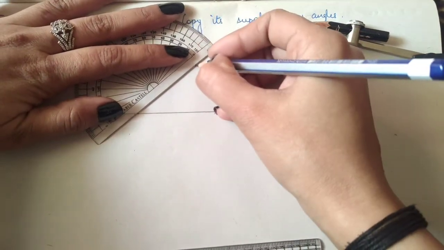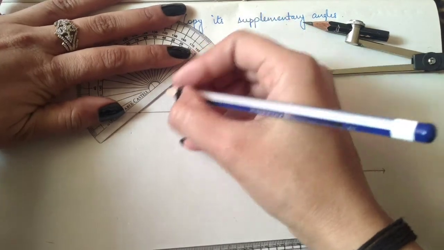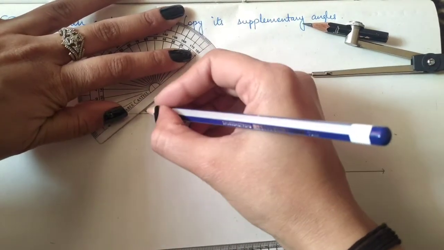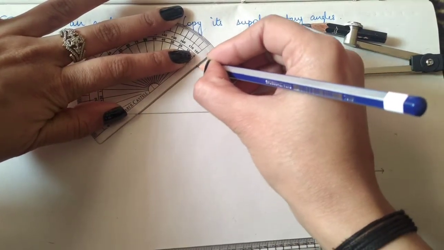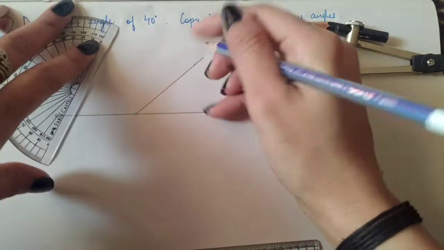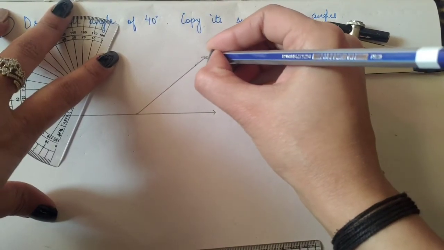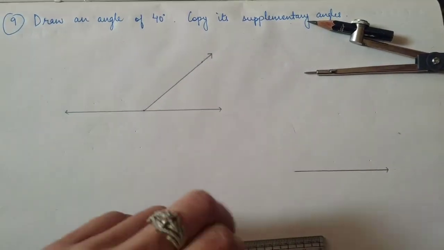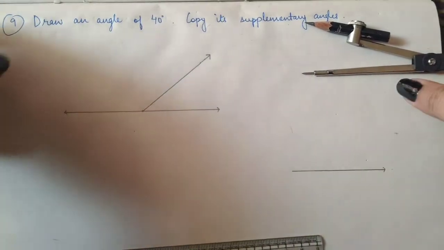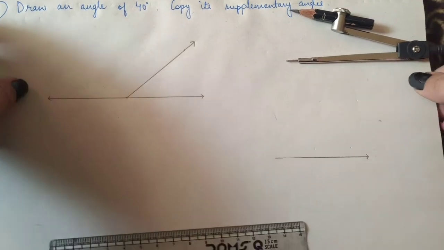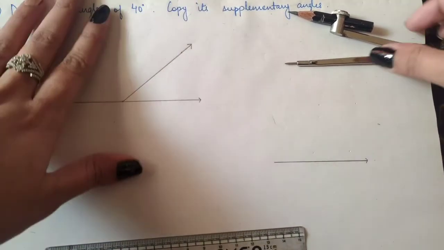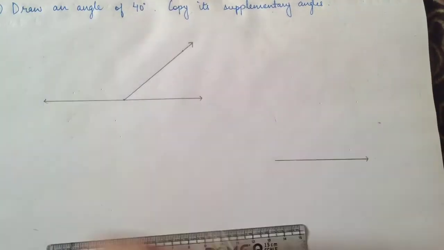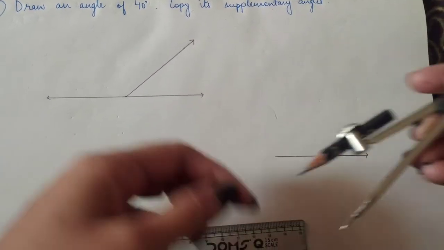And trust me, drawing a copy of an obtuse angle is not that easy. Even I sometimes don't get it correct in the first attempt. So don't worry if you don't get it correct the first time. Keep trying. You will get it for sure.